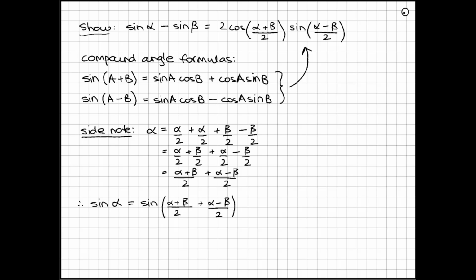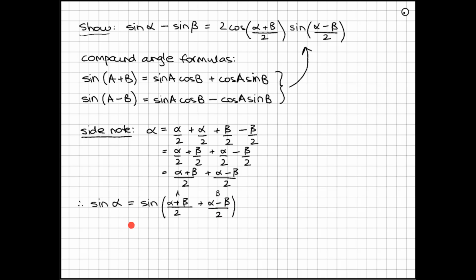And from here we can use our first compound angle formula, thinking of alpha plus beta on 2 as being the equivalent of our capital A, and alpha minus beta on 2 as being the equivalent of our capital B. So in this first compound angle formula, wherever we see capital A, we'll just write alpha plus beta on 2. And wherever we see capital B, we'll write alpha minus beta on 2.